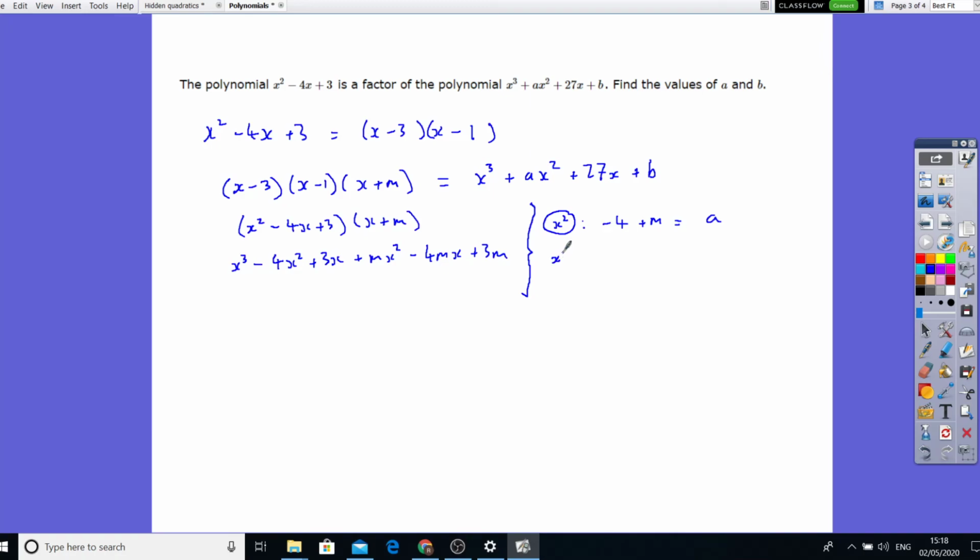Let's look at the x's. Match all the x's up. The left hand side, I've got 3x, so I've got 3 there, and I've got minus 4m. Okay, so that's all my x's on the left hand side, and on the right hand side, I've got 27.